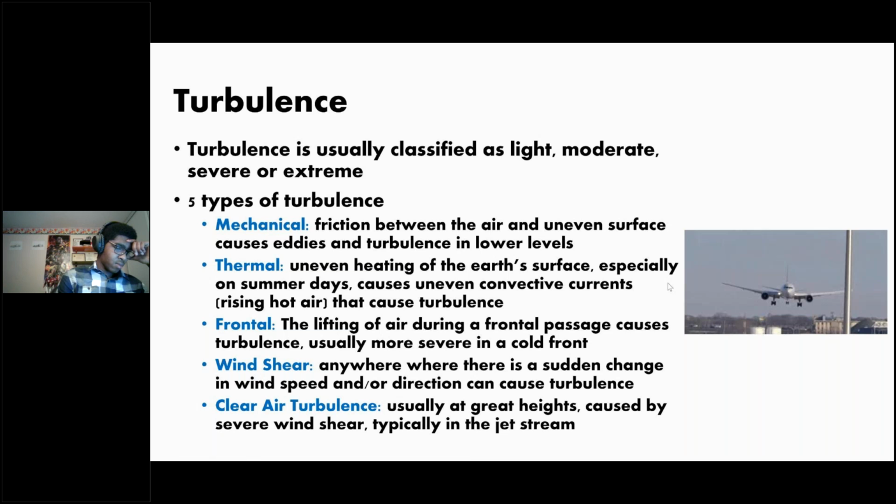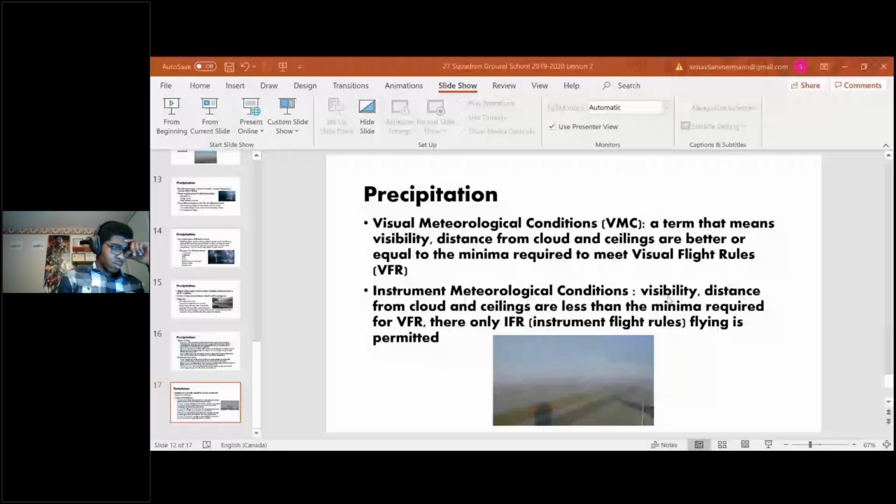Then lastly, you have clear air turbulence, which only happens when you're really, really high up, like in the jet stream, which is at the top of the troposphere. And so that's caused by wind shear from the jet stream, as it says there. Cool. That'll finish up our lesson on air and air masses and weather.